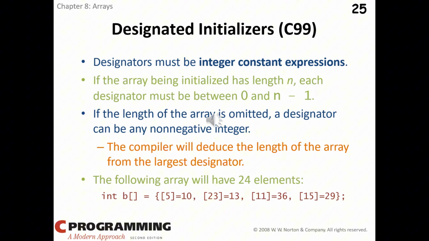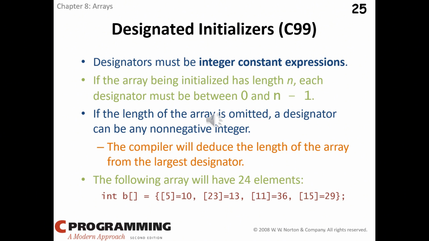And next, let's see the rules behind designated initializers in C99. So when using designated initializers, there are a few important rules to keep in mind. The first one is that the designators, which are the numbers inside the square brackets, must be integer constant expressions. So it's like making sure that the elements we're adding to our array are always the same no matter what.